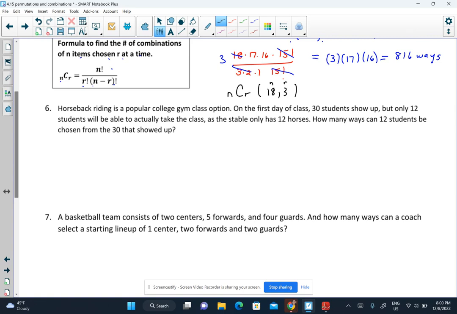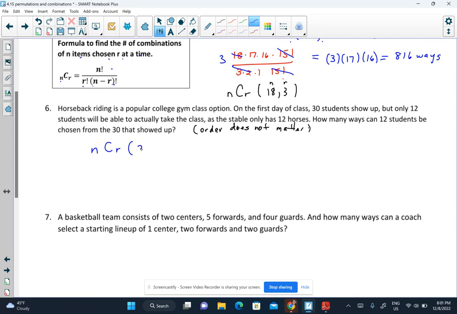Well, order does not matter. It does not matter which student comes first; they don't get preferential treatment. So we're just choosing 12 from the 30. So we're going to just use the nCr function, and we're going to do it by calculator.